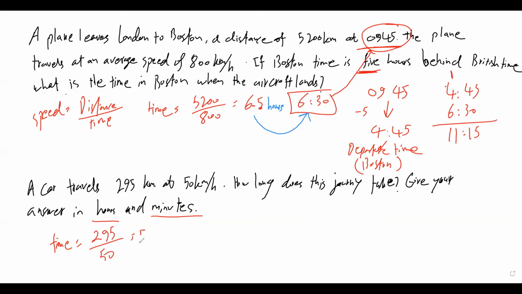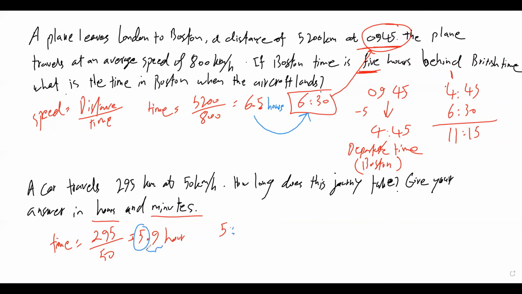So a misconception here again is that some students treat this as 5 hours and 90 minutes, and that would be totally wrong, okay? So this 5, of course, shows us 5 hours, so 5 is correct. How about this 0.9?